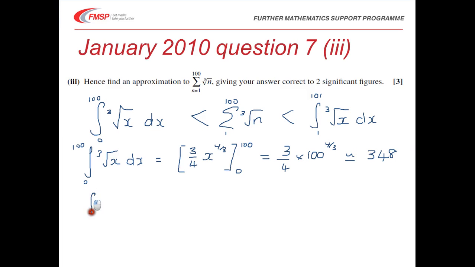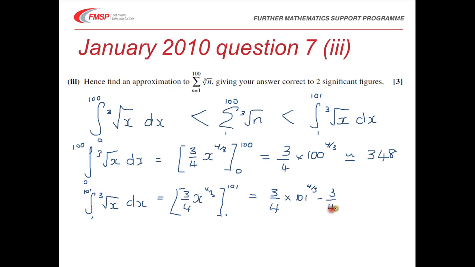And then I'm going to do a similar sort of thing, but this time I'm going to integrate from 1 to 101. So the same integral, but this time we're evaluating it between 1 and 101. So that will be 3/4 times 101 to the power of 4 over 3 minus 3/4 times 1 to the power of 4 over 3, which of course is just 1.